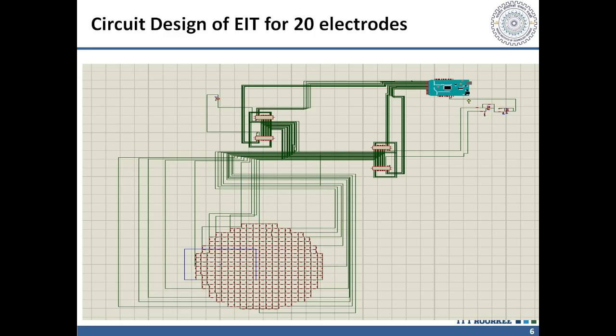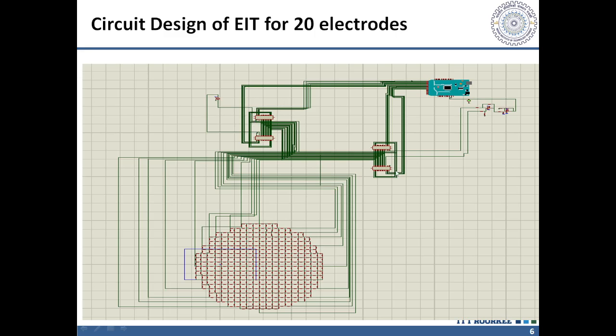Let me come to the slide. Here is the 20-electrode load I have designed with some resistances, because I have to make a load which has a uniform structure. This part is the 1:32 demux.